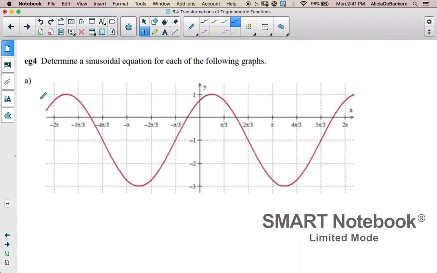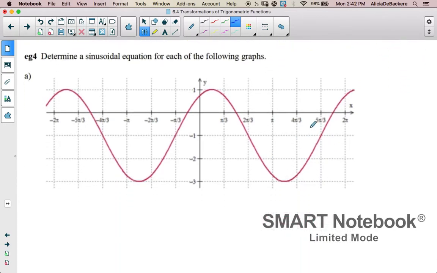All right, example 4, determine a sinusoidal equation for each of the following graphs. So we're given a picture, and the tricky part here is that there are an infinite number of answers. There's only so many that you would probably come up with based on the chunk of the graph that I've shown you. But notice that there's lots of different d values that are possible. I could think about, oh, I shifted and started over here, or I shifted and I started over here.